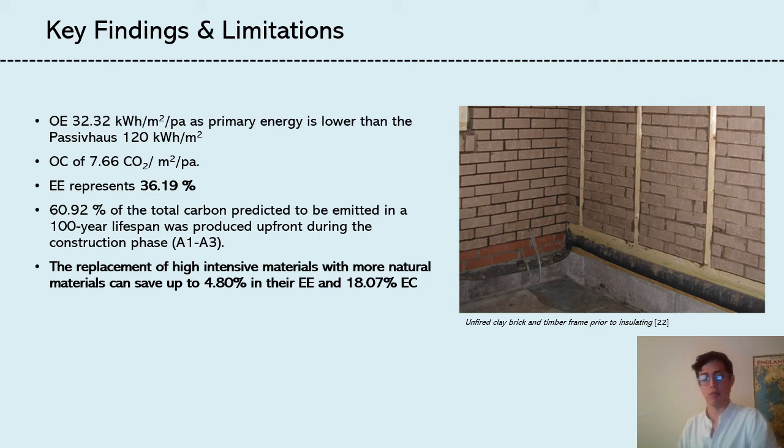We also understand that if we use natural or low impact materials, we can still keep the Passivhaus standard and requirements, but lower the embodied energy and especially the embodied carbon. Obviously, the research has limitations, and we keep looking forward to doing more research about this. And well, that's it.